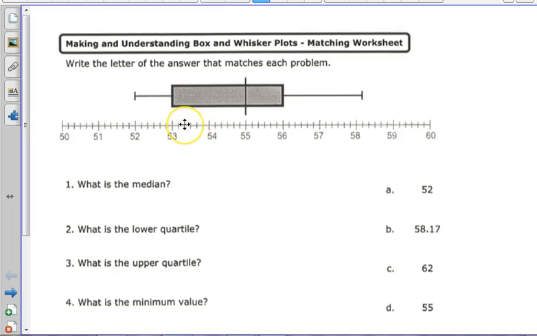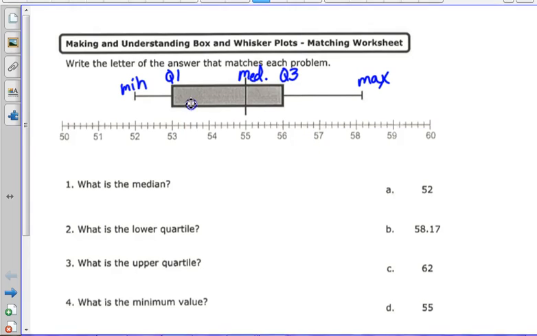But in a box and whisker plot, the middle of the box is the median, okay? Q1 is the left end of the box, and Q3 is the right end of the box. This is the minimum value, and this is the maximum value.